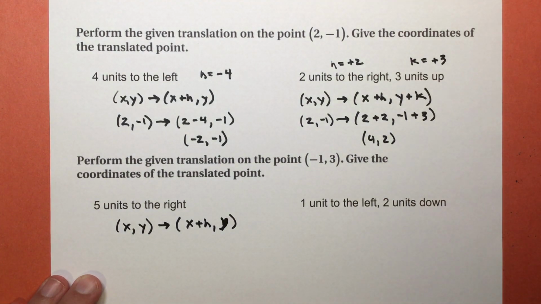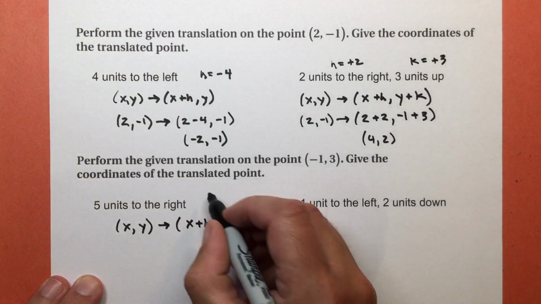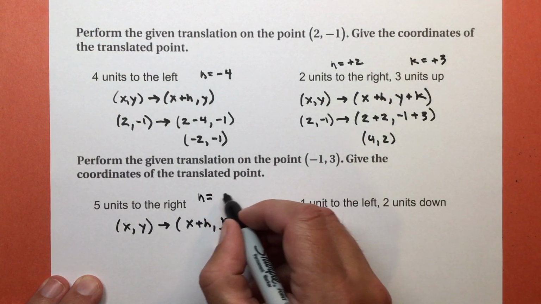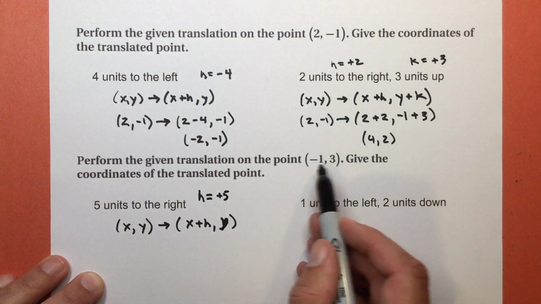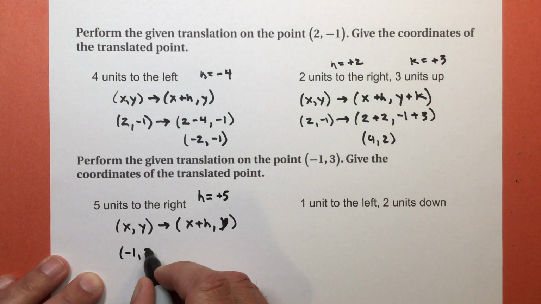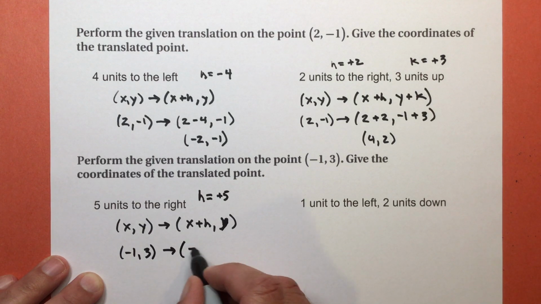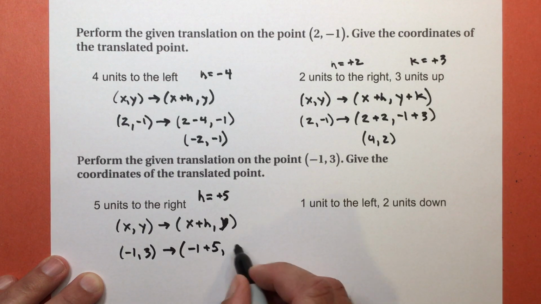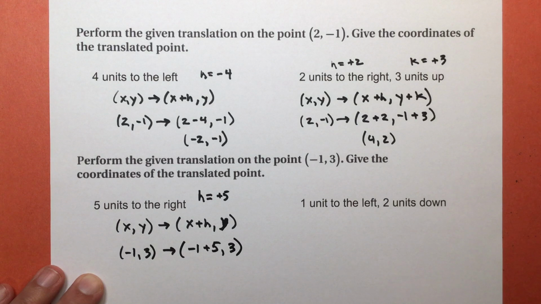It's an ugly y, but it's a y. So if I go 5 units to the right, that tells me that my change, my h, is going to be positive 5. So my new point is (-1, 3). That's going to become -1 plus 5, and the y value is going to stay the same because it's not going up or down. That's going to give me (4, 3).